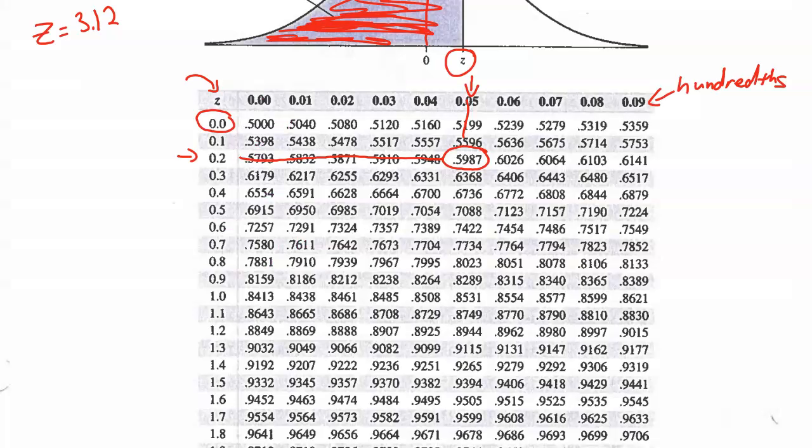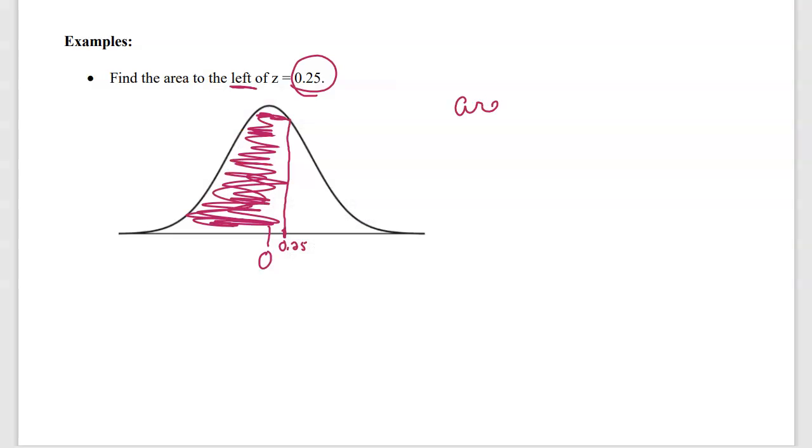If you look at that number, it's 0.5987, so that's a little over 59%. So the area would be equal to 0.5987. Again, that's to the left.